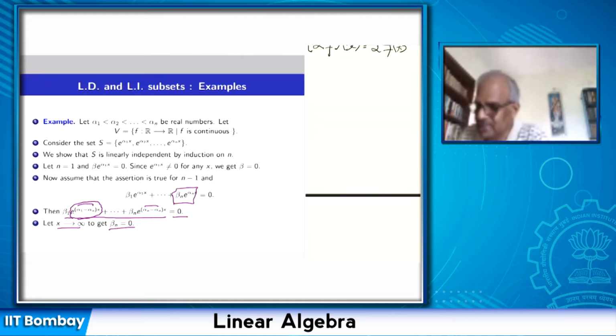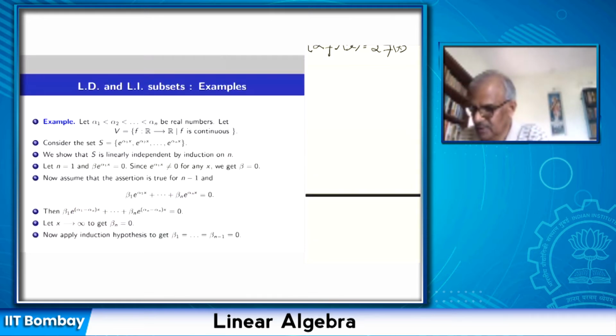So I started with this linear combination of n exponential functions by dividing by e to the power alpha n x, and then taking the limit. I proved that beta n equals 0. Substituting beta n equal to 0, I get a relation between n minus 1 exponential functions. But by the induction hypothesis, if a linear combination of n minus 1 exponential functions is 0, then those are linearly independent, so all the betas are 0.